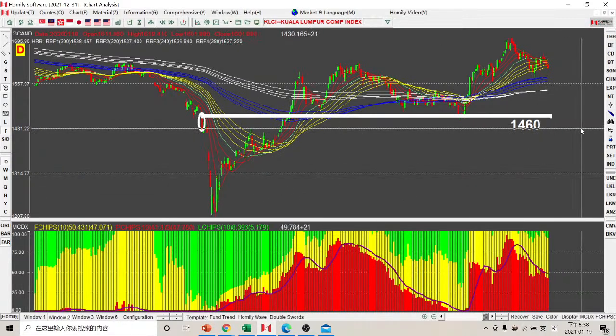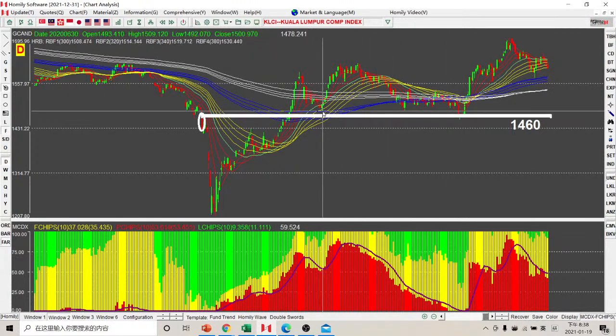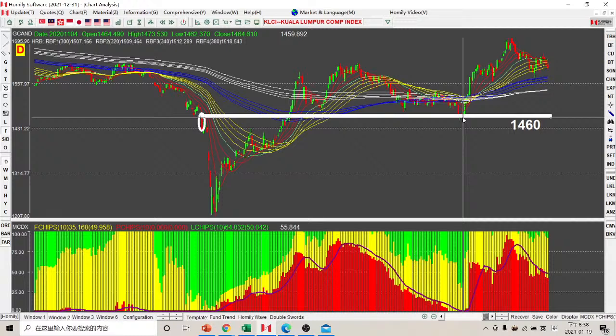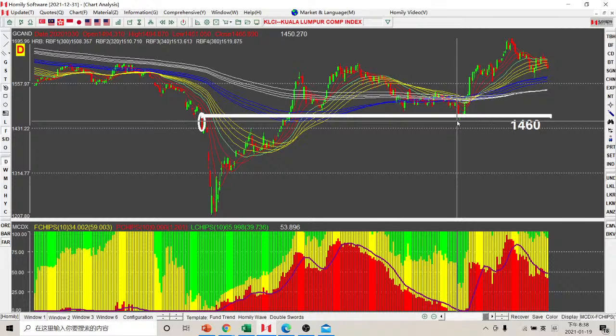Since March till now, it has tested it 3 times: June pullback, September pullback, November pullback. All 3 times got strong support at 1460.